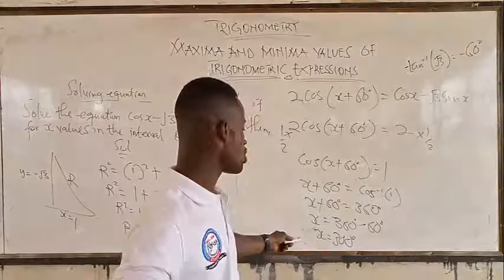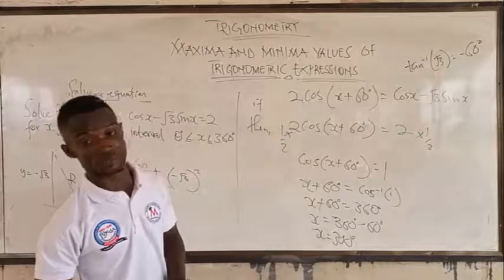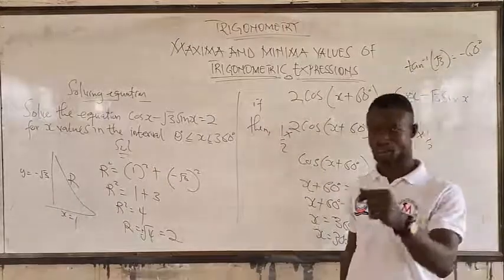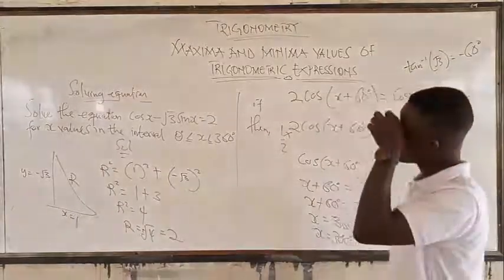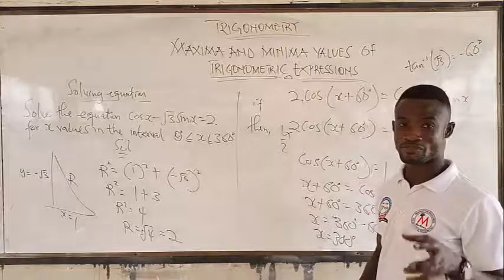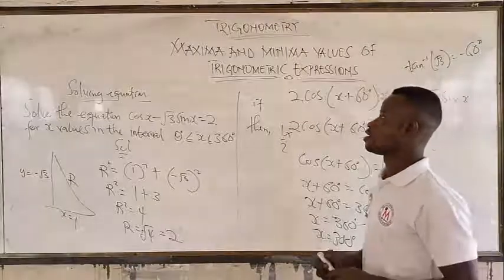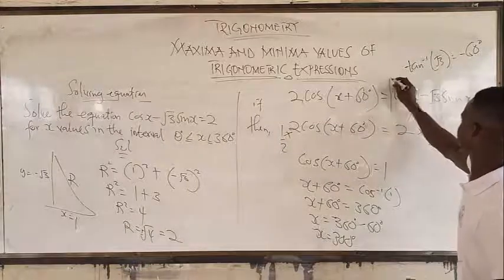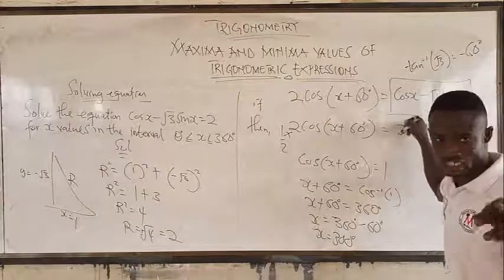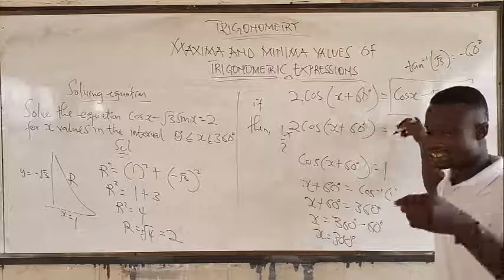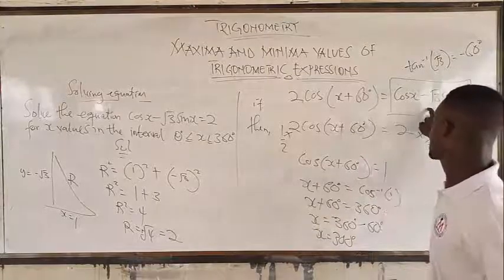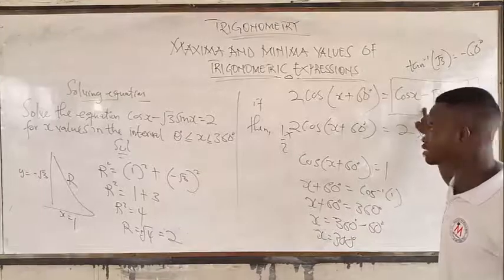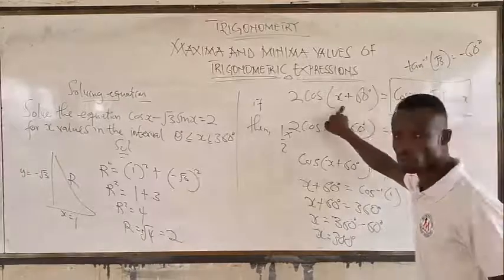So that is how we solve for such questions. But please, I would like to let you know this. I'm still advising you: for instance, when you are given this to sketch, know that before you can sketch it, you have to get it in this form.